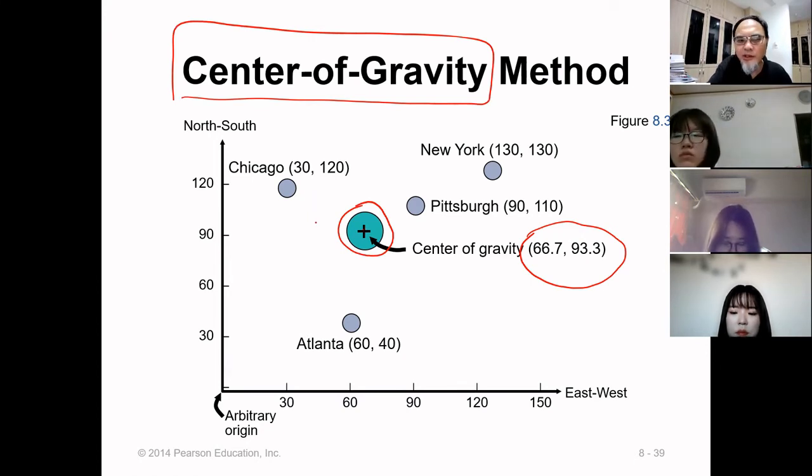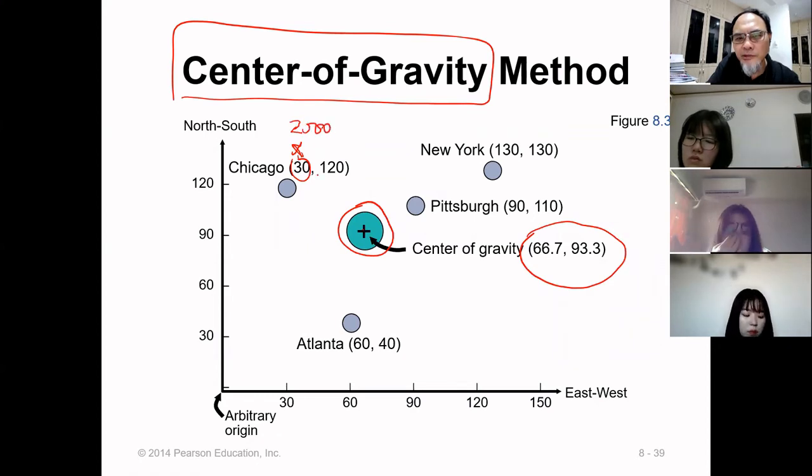Center for everything, because one thing is they have an x coordinate. But the x coordinate, for example, I need to move 2000 here.